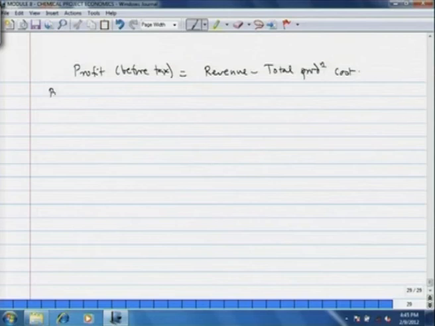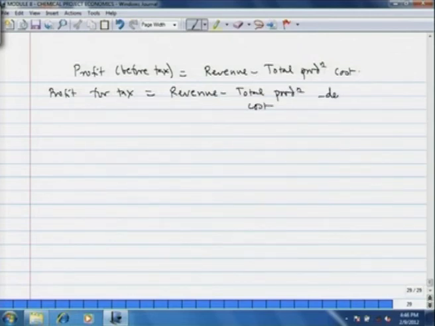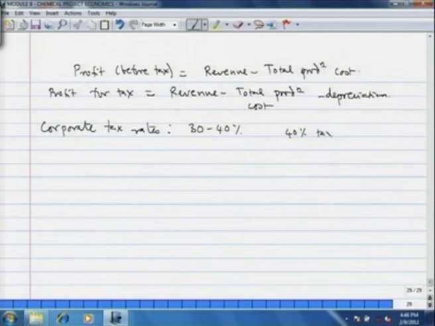So the profit for tax, on which tax will be charged, will be revenue minus total production cost minus depreciation. Now, the typical corporate tax rates are 30 to 40% in India. So, we take a value of 40% that we assume.